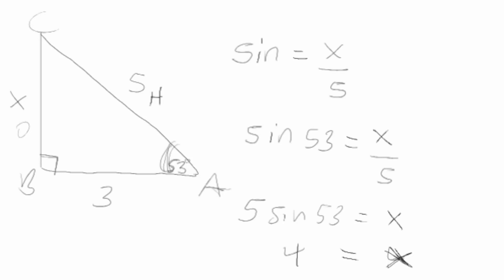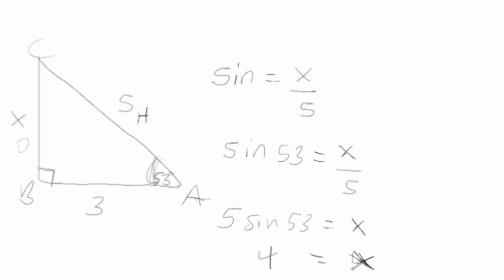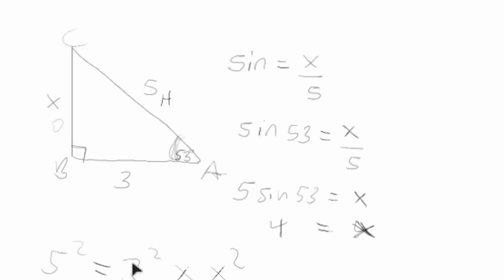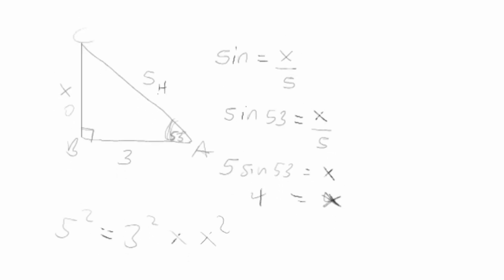In this case too, you can use the Pythagoras theorem that we spoke of to find this missing part, because we know that 5 squared is equal to 3 squared plus x squared. 5 squared is 25, not 25 squared.